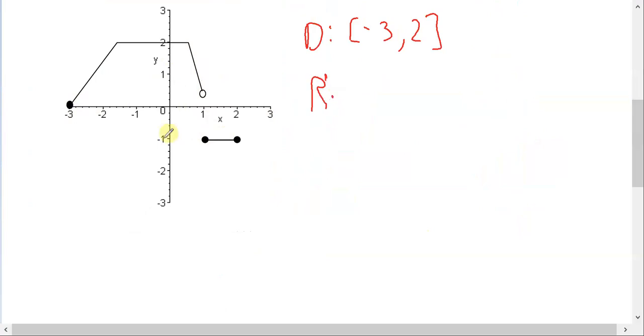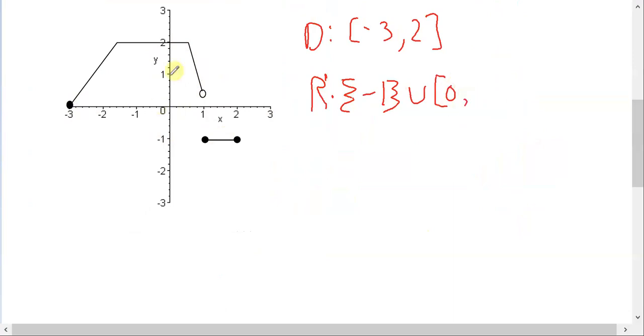The range is looking at the y coordinates. So I can kind of look through here. I can see, well, I've got y coordinates all the way here. And then all of a sudden there's a gap. No y coordinates are included for these y's. But then they start up again at -1. So the way I have to write this is usually when you just have a single value, you put it in braces. So -1 is in the range. Then you have to skip up here using the union symbol, starting at 0.